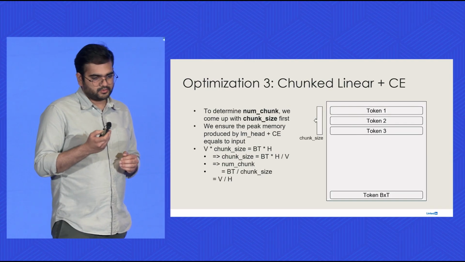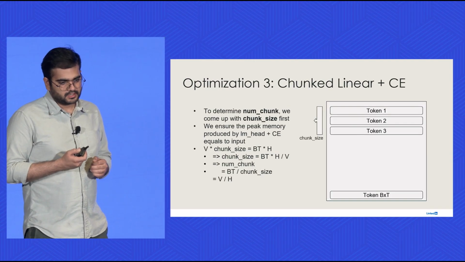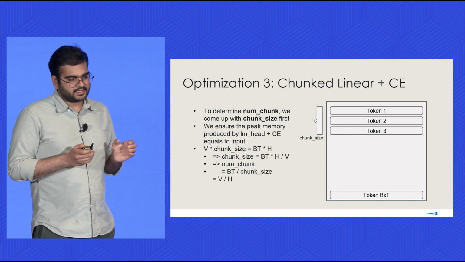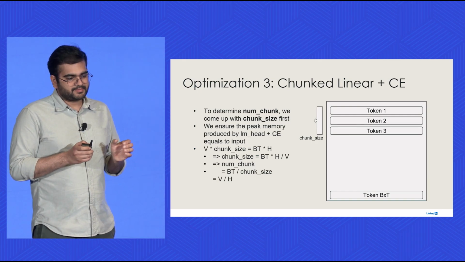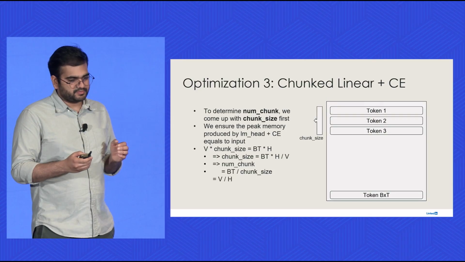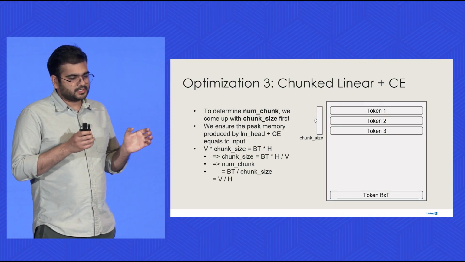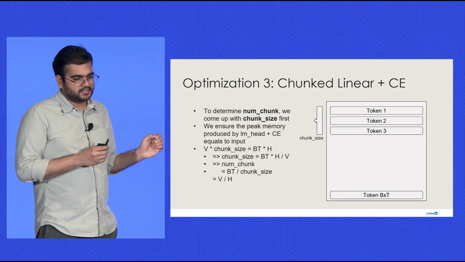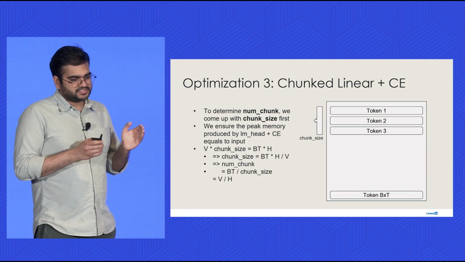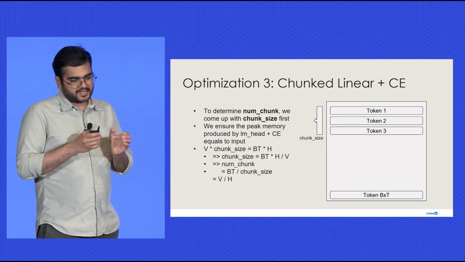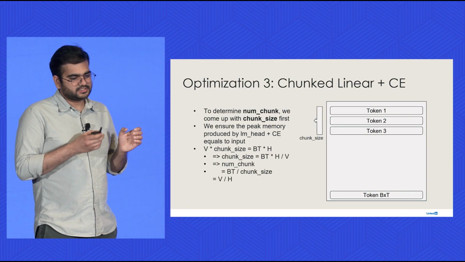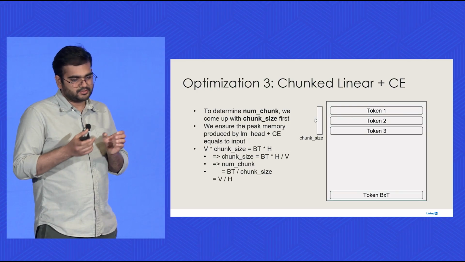Now, how do we calculate the number of chunks? The idea here is that we want the peak memory produced by the LM head and the cross entropy functions to be equal to the input size that we originally had. The original input size was BT times H, and now we want the memory taken by the chunk to be equal to this number.